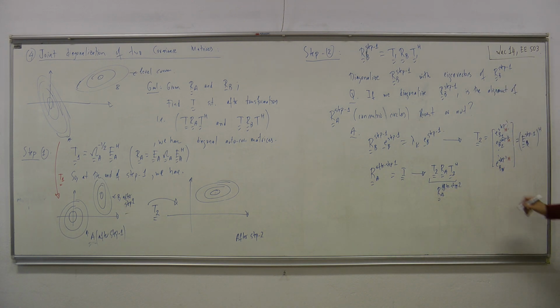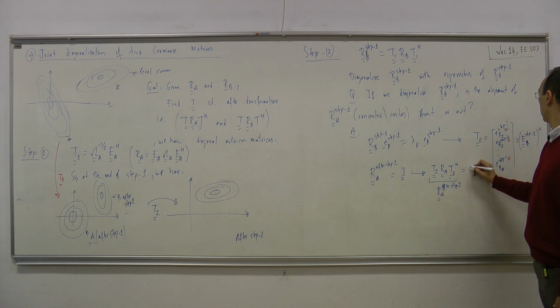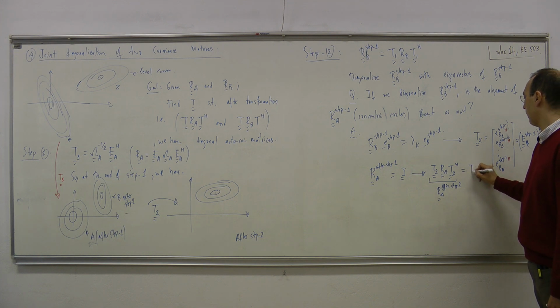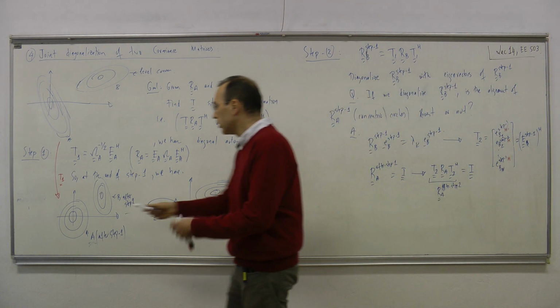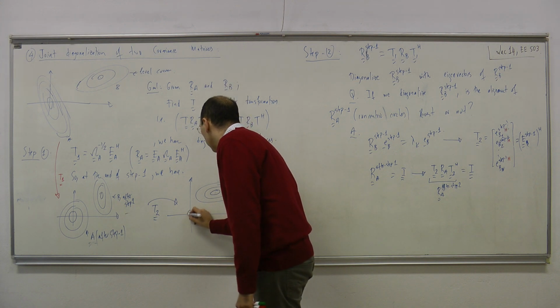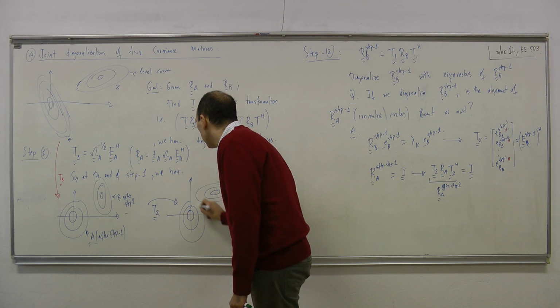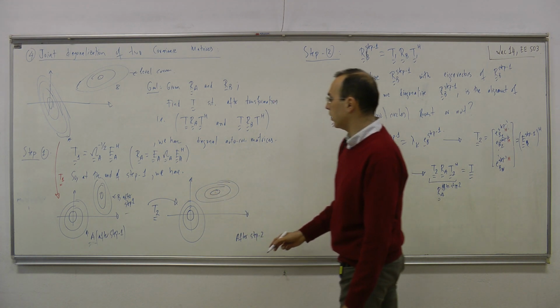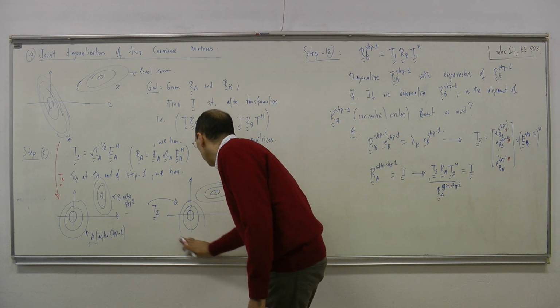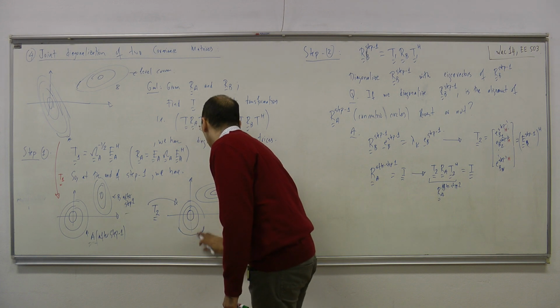Okay. But this is also identity. The reason is that T2 times T2 Hermitian is identity, since these are orthonormal vectors. So I get identity for this one. So the conclusion is nothing happens to this one. Nothing happens. So I see concentric circles over here. These are ellipses, concentric ellipses, but what I see is, let me draw this a little better.